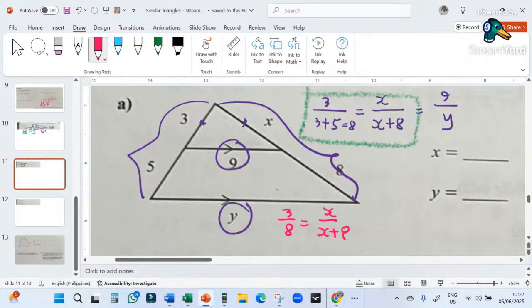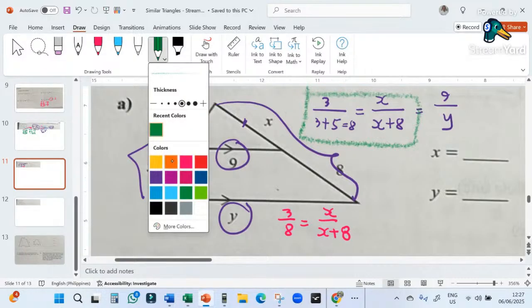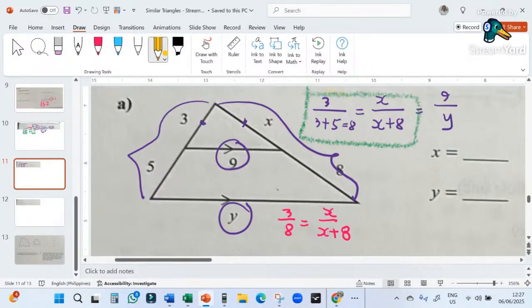The other one is when you're going to combine the 3 over 8 with that of 9 over y. Why? Because they're all equal. Can you see this? Equal, equal. All right. So we are using them to find for the unknowns. The other one will be 3 over 8 equal to 9 over y.